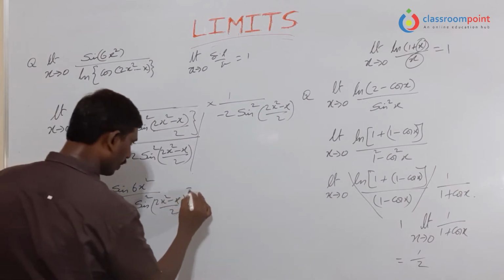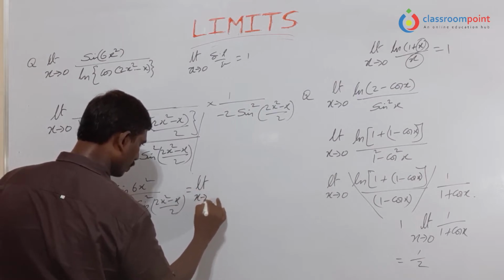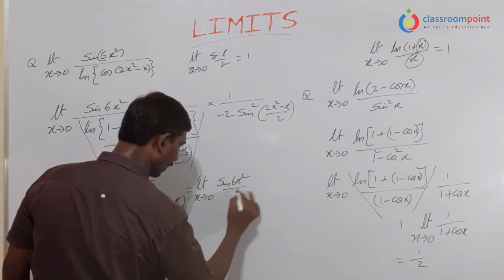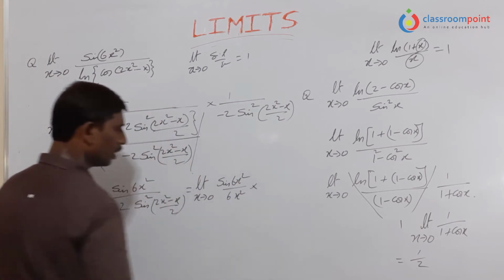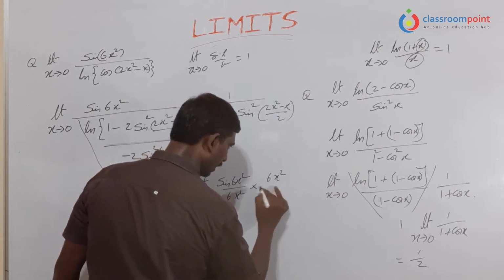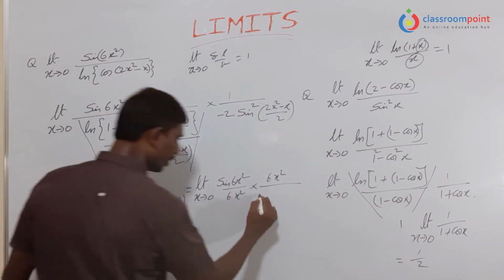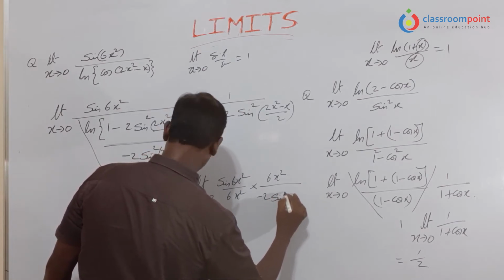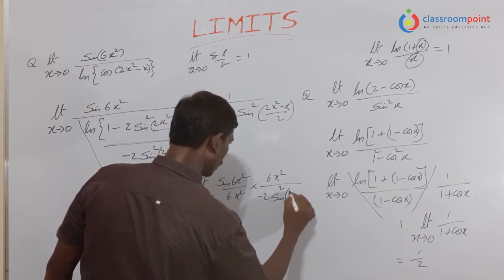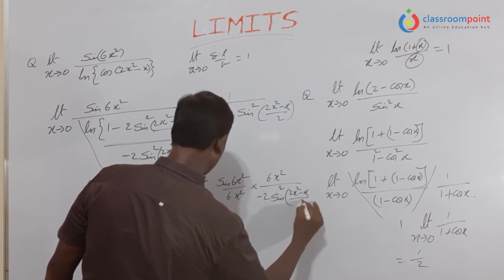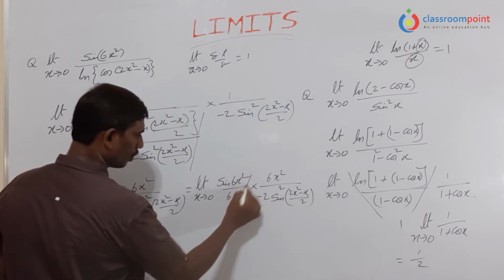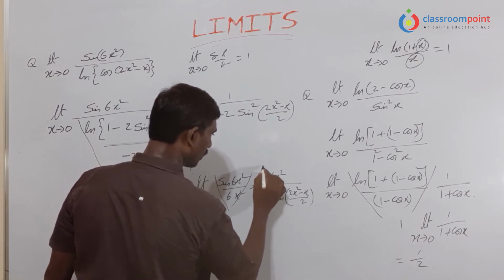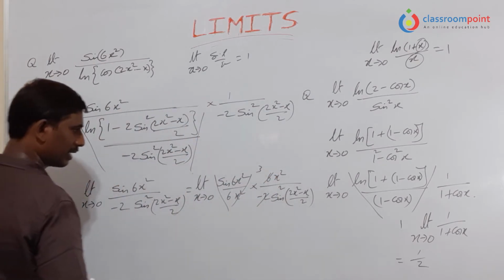So in that, limit x tends to 0, sin 6x square by 6x square into 6x square by the denominator value, which is as it is, no changes: minus 2 sine square of (2x square minus x) by 2. So this is 1. Here this 2 multiplies with this, dividing with this one, then it is minus 3.